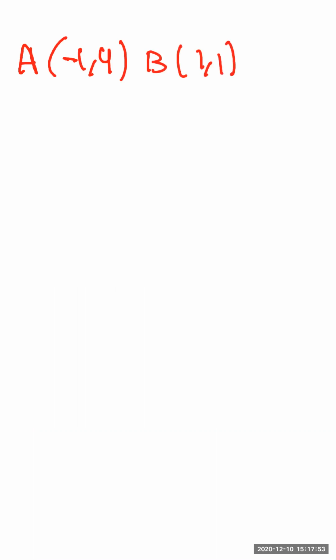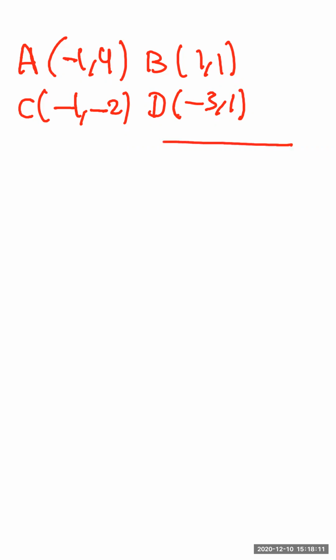So prove that the points A (-1, 4), B (1, 1), C (-1, -2), and D (-3, 1) are vertices of a rhombus, and graph it. Then find its area. So I want to prove this one is a rhombus, then graph it, then find the area.